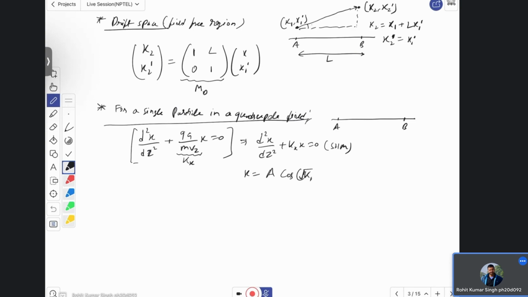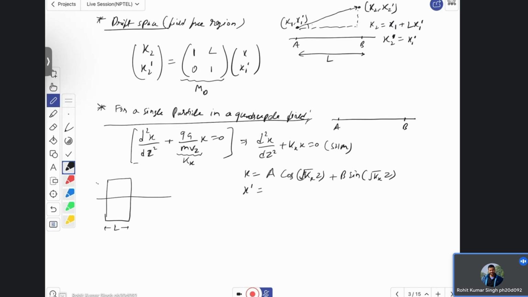Sinusoidal solution, plus b sine of root k x. Okay, and then you can differentiate it and get x prime, and also then you can apply the boundary condition, so you can take a quadrupole of length L. Okay, and suppose here the particle is at x1, just focusing going to x2.